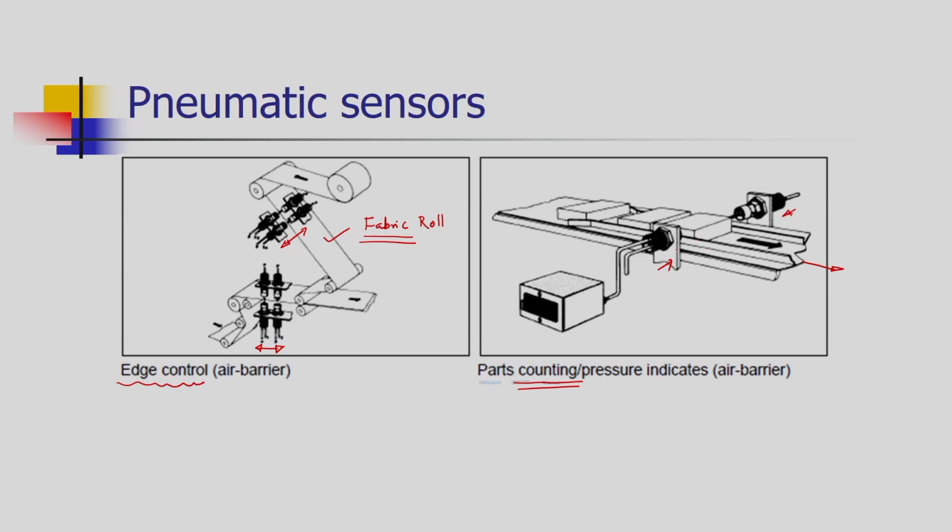As a box comes in between the passage of compressed fluid, we are getting a signal, and when no box is moving, naturally no signal will be generated. In this way, the pulses generated by the pneumatic sensor will give the number of parts, or the counting of the parts.